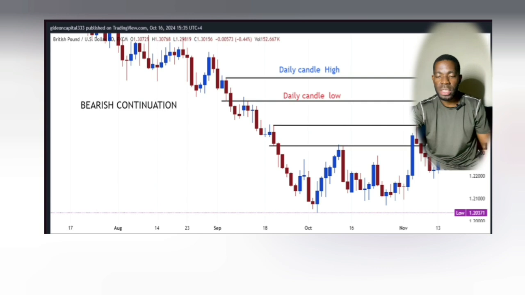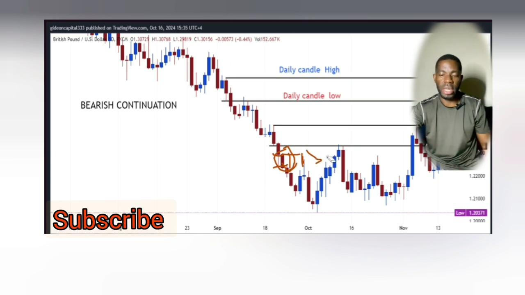We are placing our sales here and hoping that price will drop all the way down so that we can make that 1 to 2 risk to reward ratio, or even 1 to 3, and take our profit by the end of the day. That's what we are hoping to do.